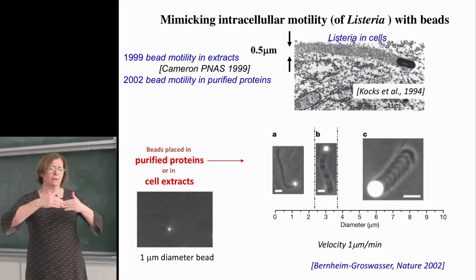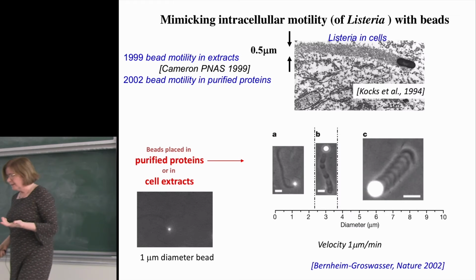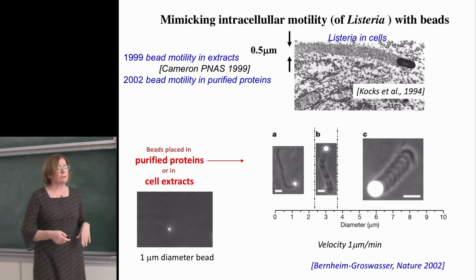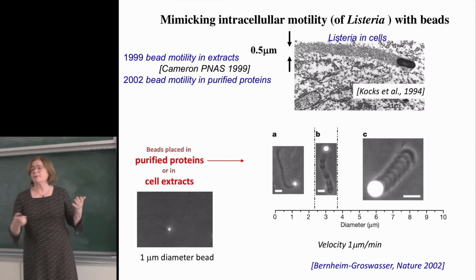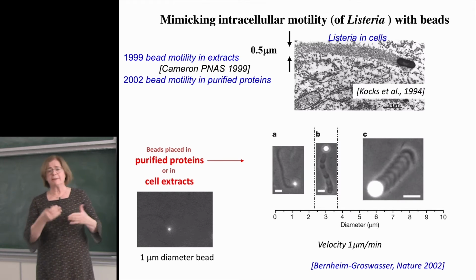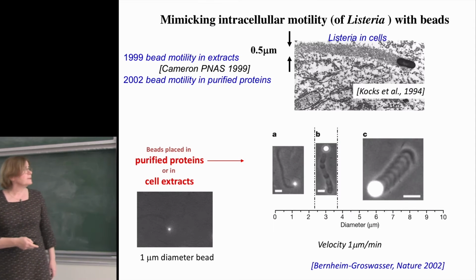The bead moves by jumps, and the interesting thing at that time was that these jumps had been seen with Listeria by applying a mutation on Listeria genes. We can reproduce this phenomenological difference just by changing the radius of the bead, so the physical characteristics of the system. So it's just an example where mutations can do the same thing as physical parameters.